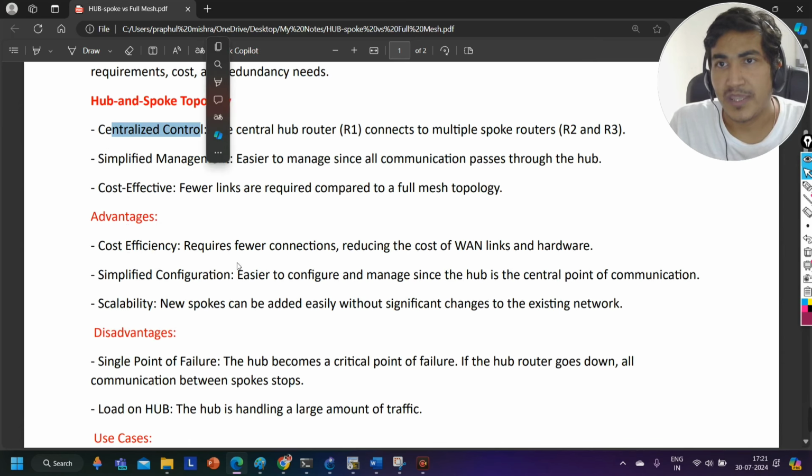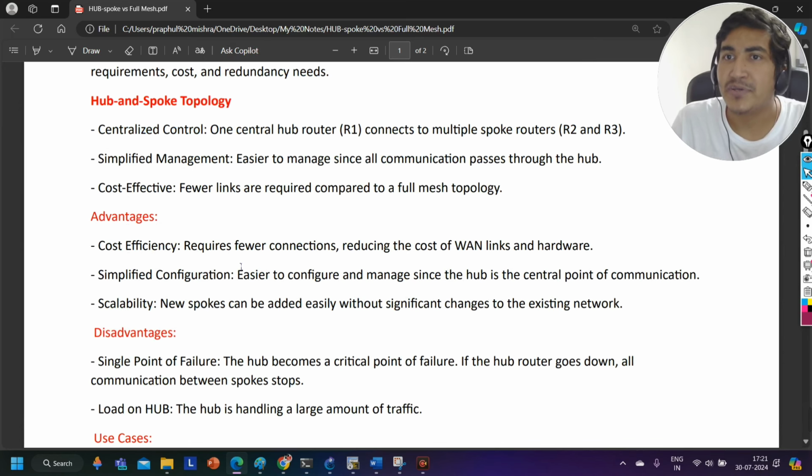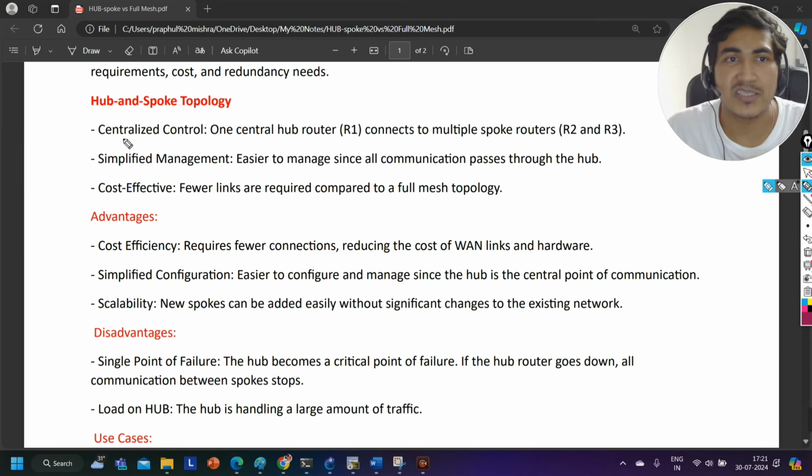Central control. In the hub and spoke topology, you have central control because all branch offices are going to communicate via the hub router, right? So you can manage all branch offices from the hub router. That's why we can say we have centralized control in hub and spoke topology.